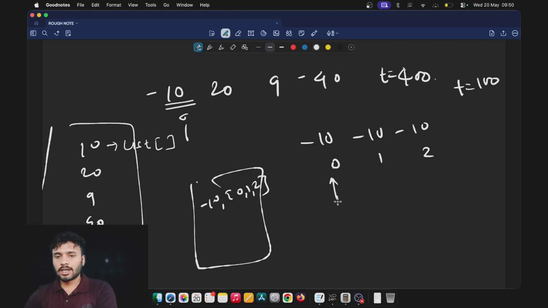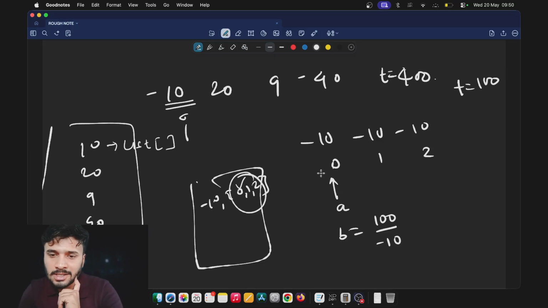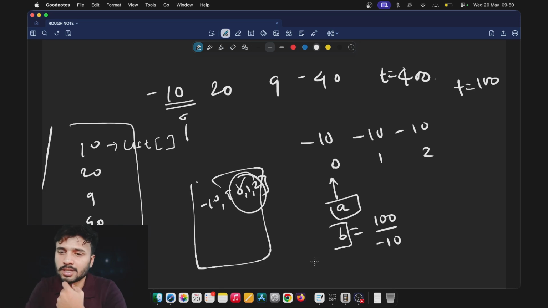If we are at this one, considering this as A, our B will be 100 divided by minus 10, so we need minus 10. These are present on these indexes. First will come 0, but we are not going to include the 0th index since this index we chose for A. We need another index for B. That is what I'm saying.